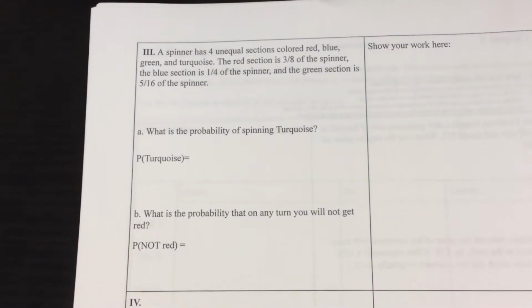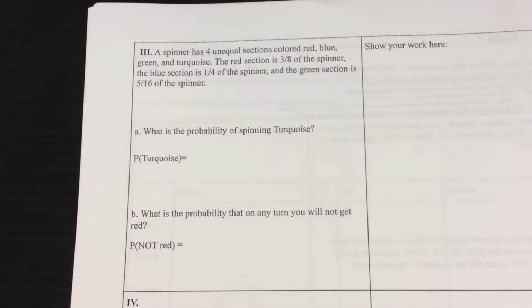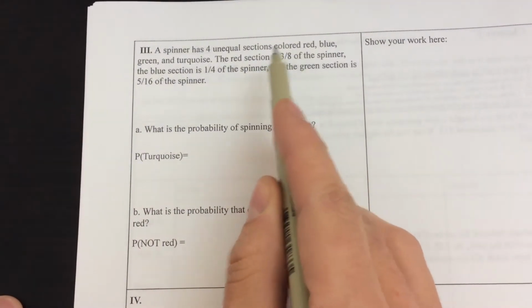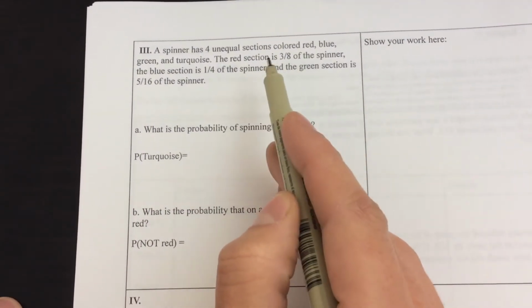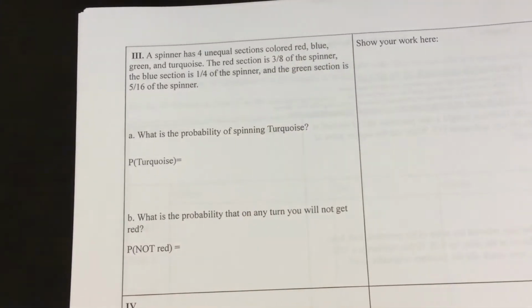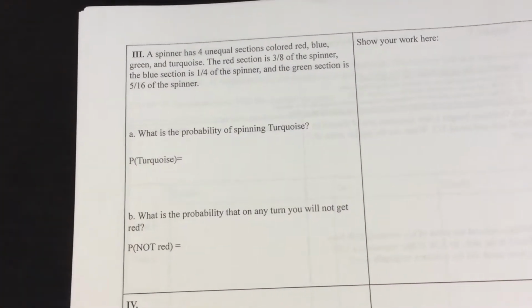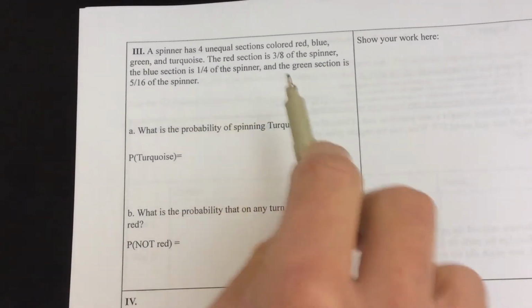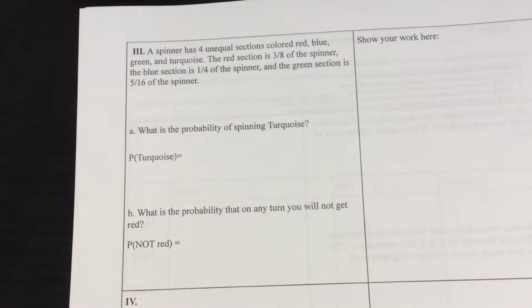All right, standard 3. This one is about creating probability models for non-uniform events. The non-uniform aspect means when the probabilities of each event are not the same. So instead of being like the number cube, where 1 through 6 all have the same chance of coming up, here we're talking about a spinner that has different probabilities for each section.